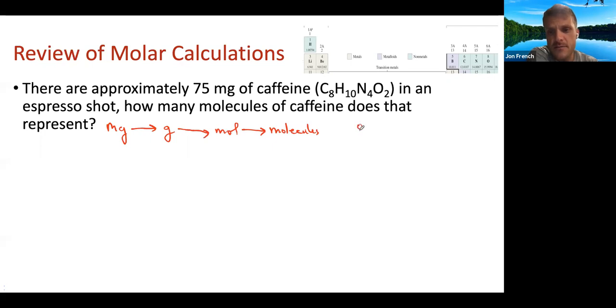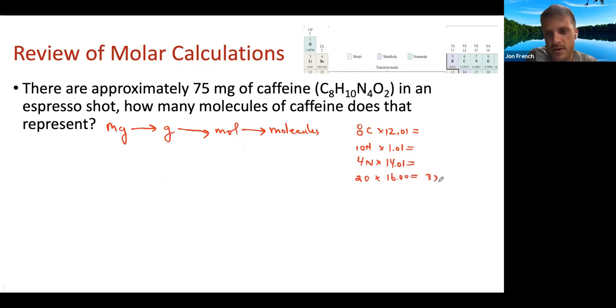We've got 8 carbons at 12 AMU each. We'll say 12.01 AMU. I have 10 hydrogens at 1.01 AMU. I have 4 nitrogens, and nitrogen is 14.01 AMU, we'll say. And then 2 oxygens, and oxygen is close enough to 16.